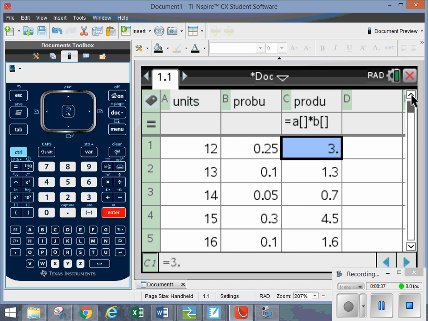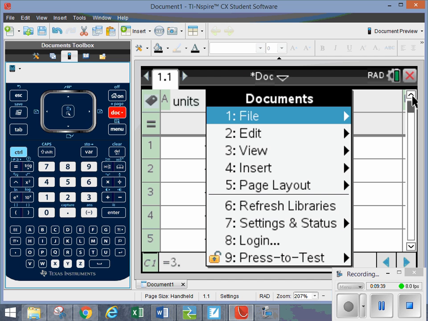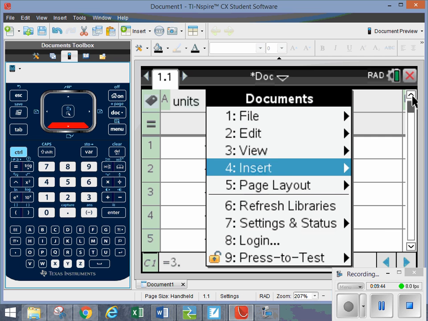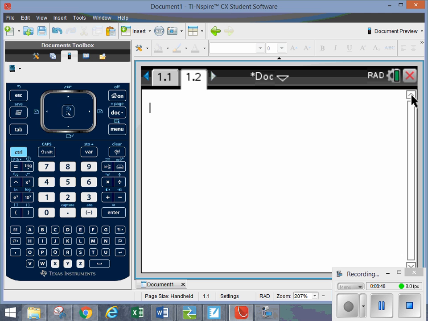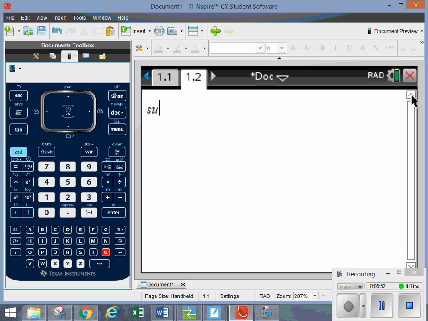So now we can insert a calculator and find the mean. Insert, and we're going to hit sum. And this is pretty much just a review. Can I do that?